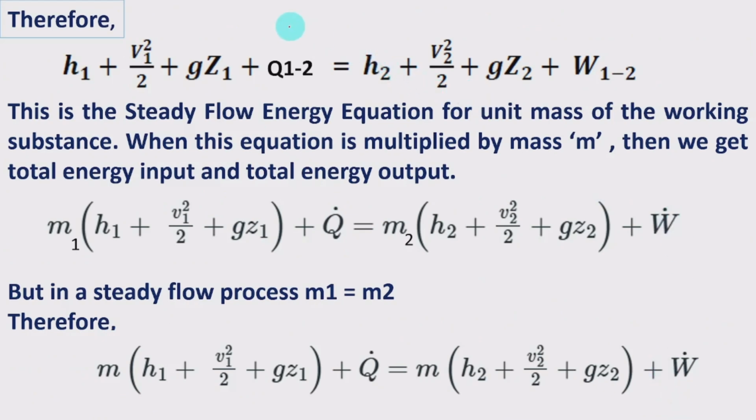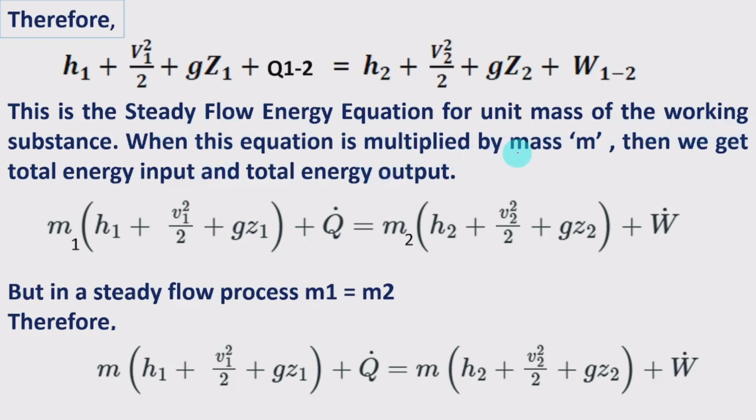Therefore, substituting H1 and H2, we can write the equation: H1 plus V1 square by 2 plus g Z1 plus Q1 to 2 is equal to H2 plus V2 square by 2 plus g Z2 plus W1 to 2.